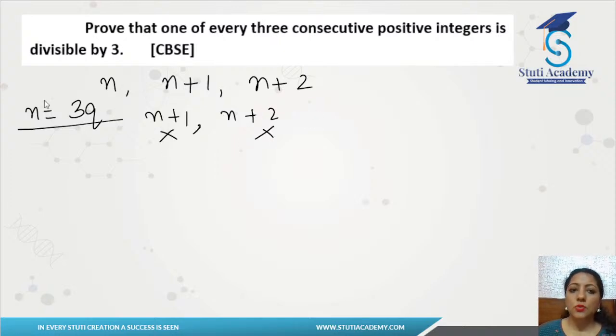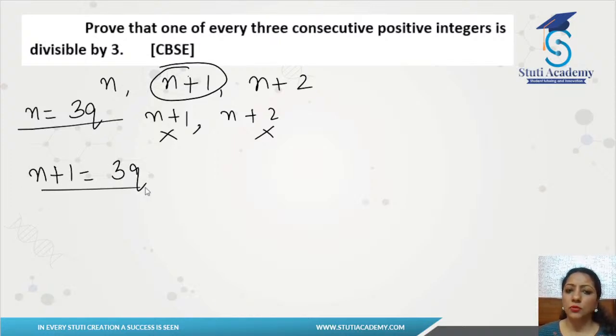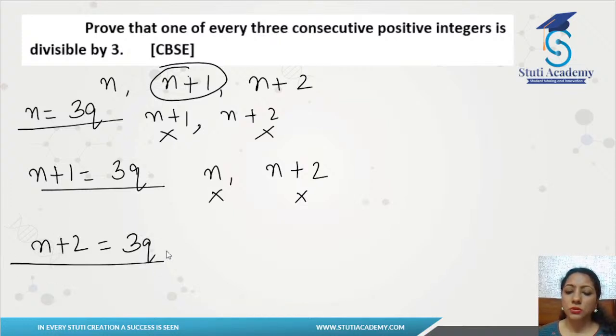That's the first case. In the same way, if we take n plus 1 as a multiple of 3, then n and n plus 2 won't be divisible by 3. And if we take n plus 2 as a multiple of 3, then n and n plus 1 will not be divisible by 3.